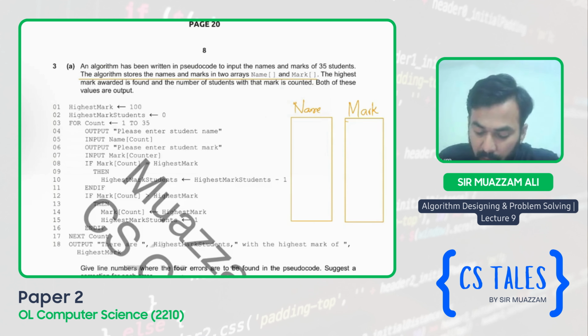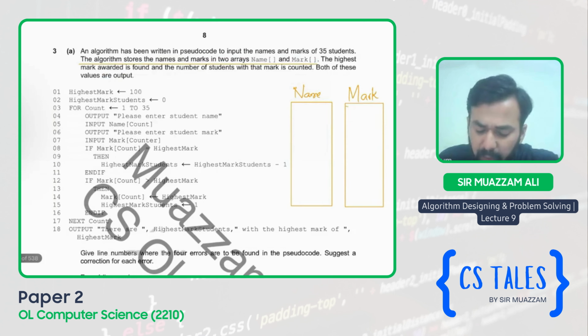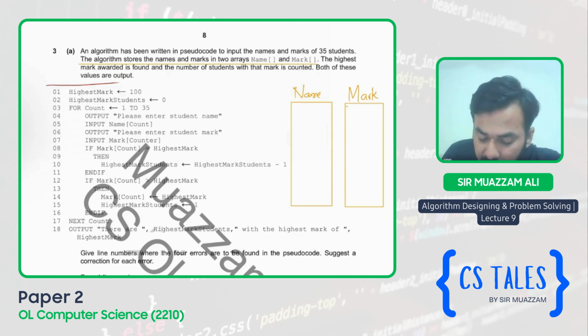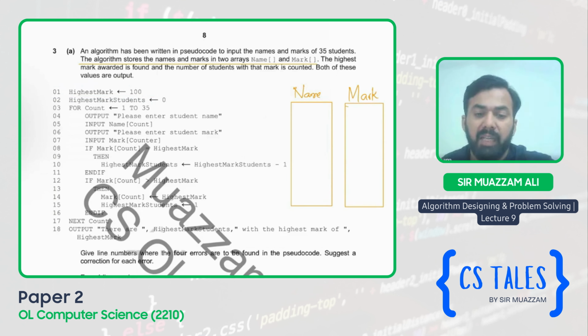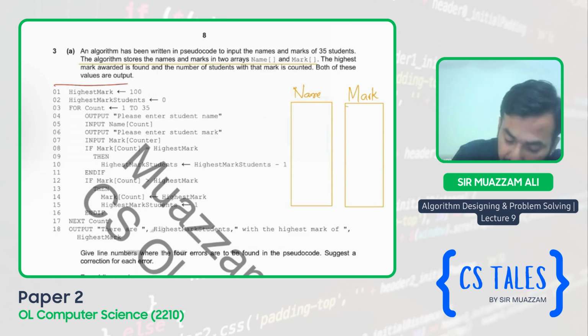So we need to see that algorithm. The highest mark is 100. Whenever we talk about the highest mark, how can you find it? If the highest mark is initialized to 100, it will never be updated, so there is an error.